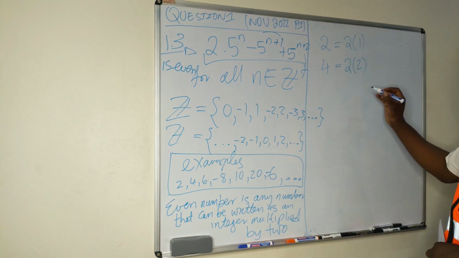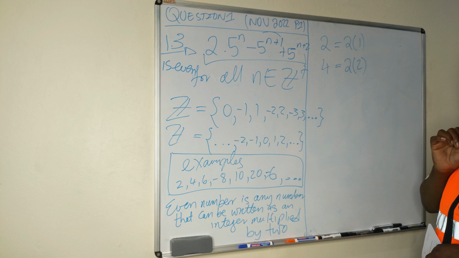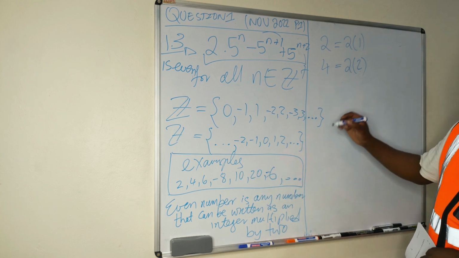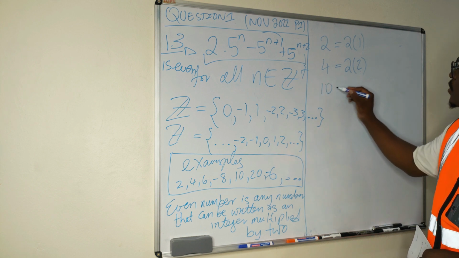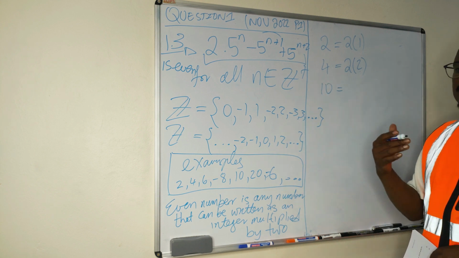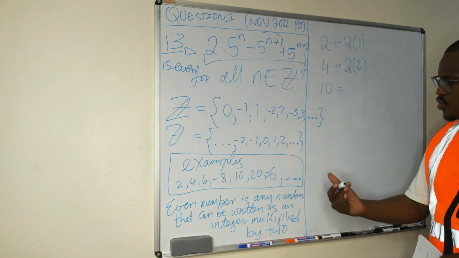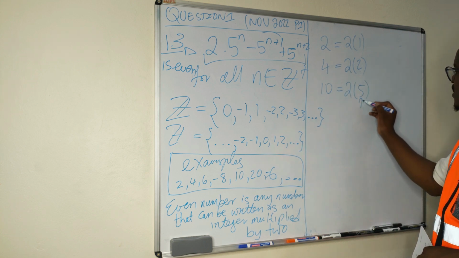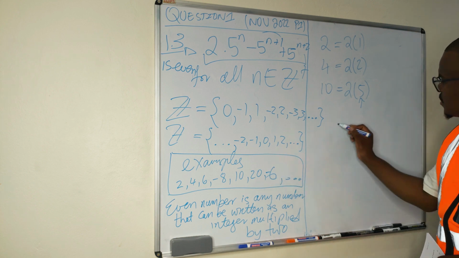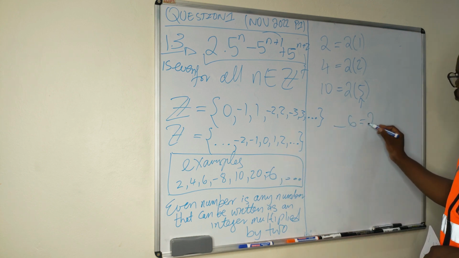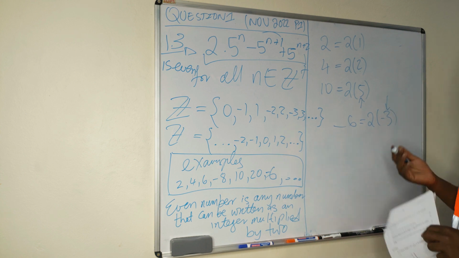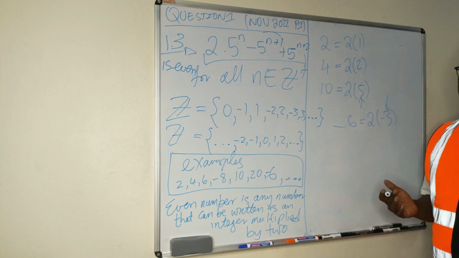Take 10. 10 is also even because it can be written as 2 times 5, and 5 is our integer in this case. Take minus 6, which is equal to 2 times minus 3, and this is an integer. So this is what an even number is.